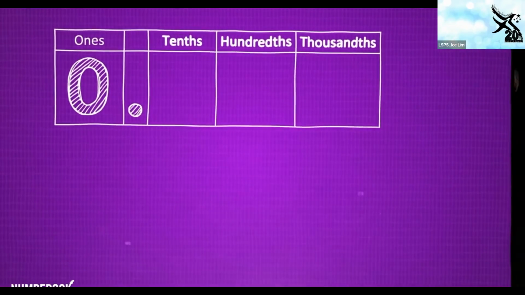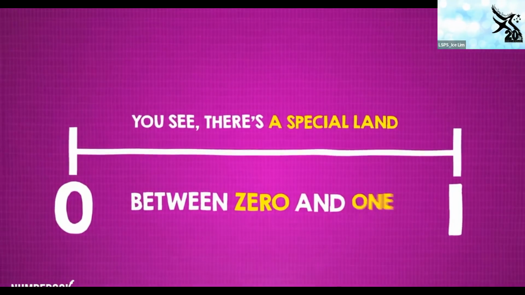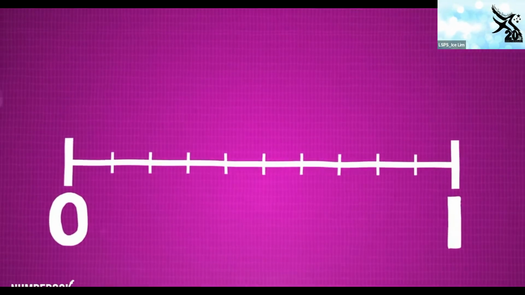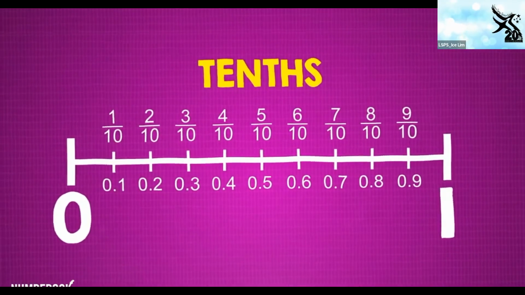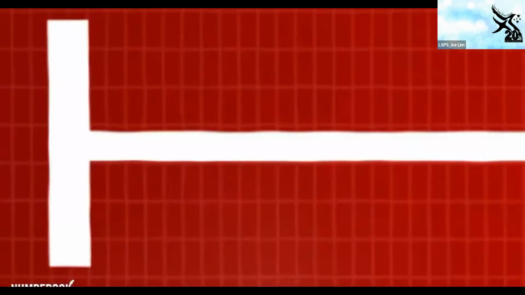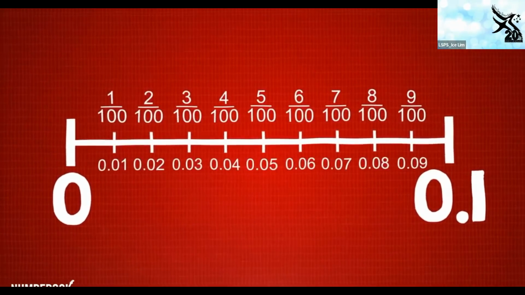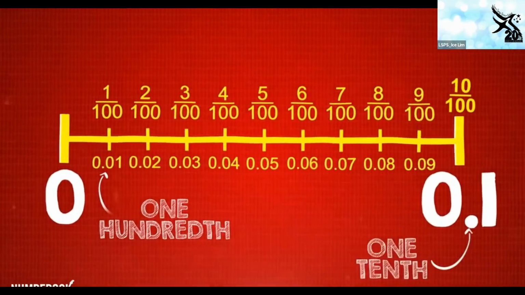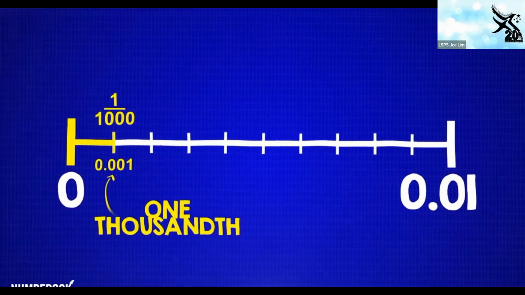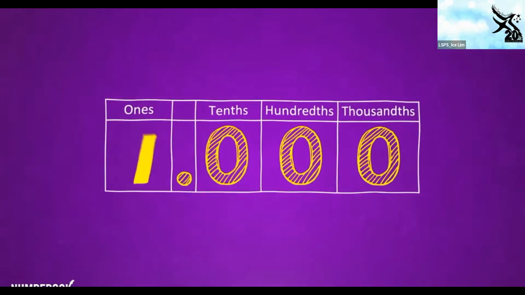There's a special land between 0 and 1 where you find decimal numbers. 10 thousandths makes 100th, 100 makes 1/10, 1,000 thousandths makes one whole.